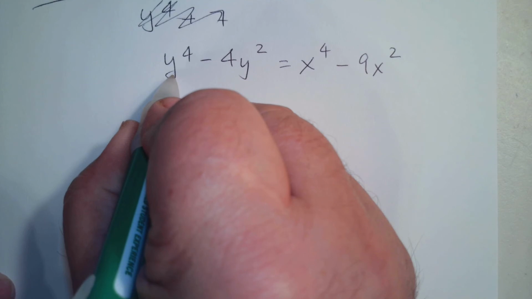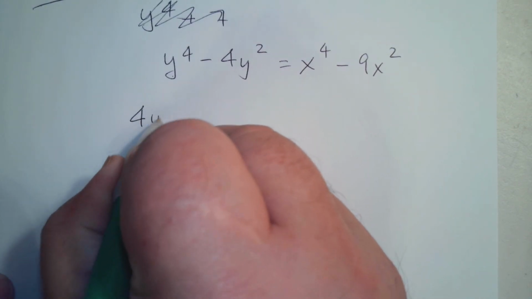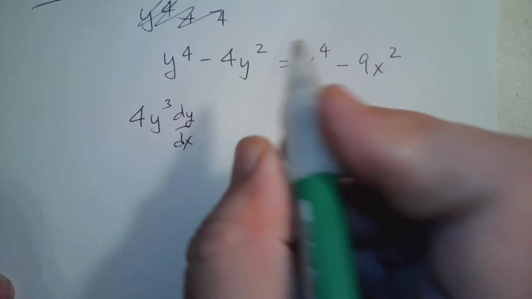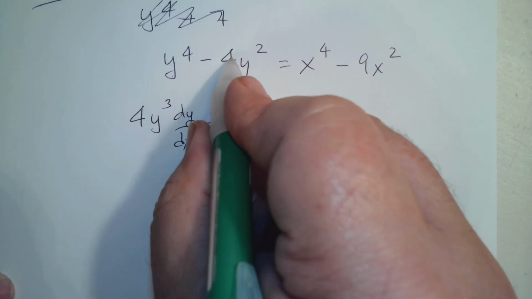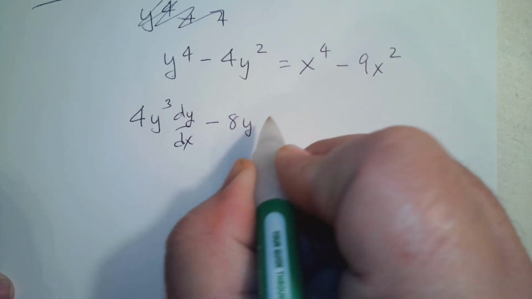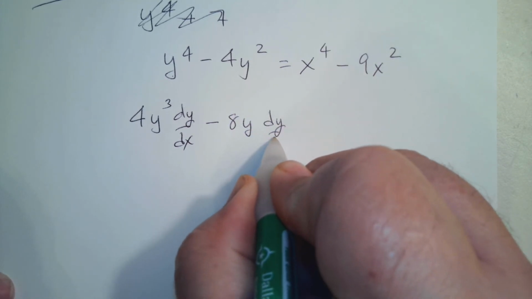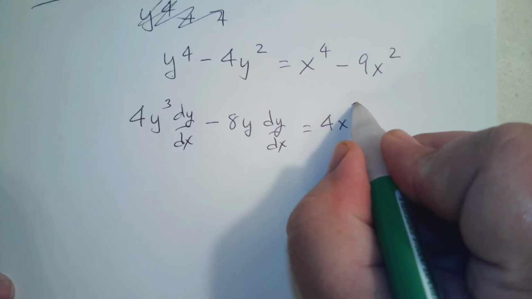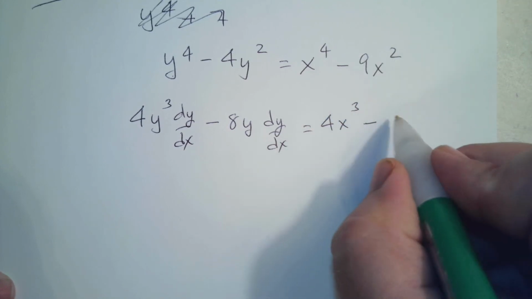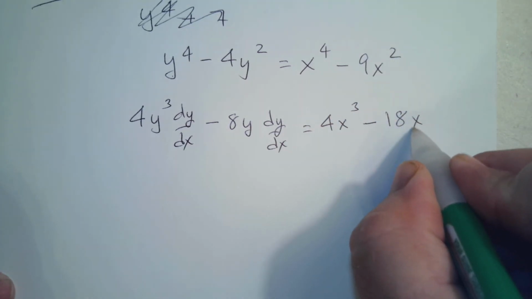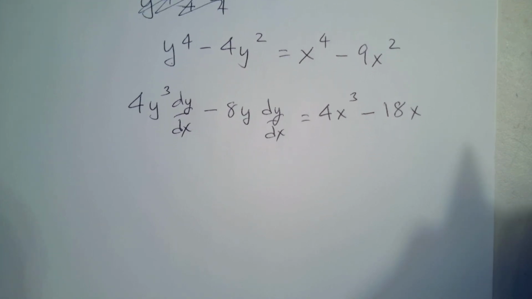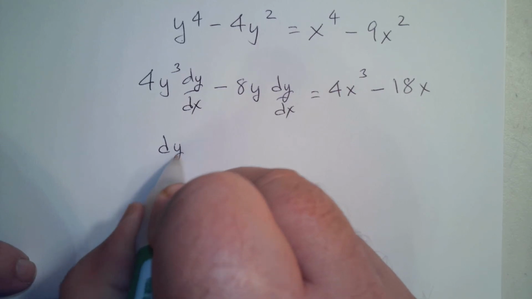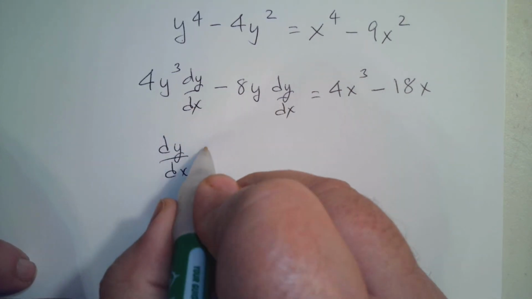So the derivative of this one is 4y to the 3rd dy/dx. Bring the 2 down. 4 times 2 is 8, y dy/dx. 4x cubed. Bring the 2 down. 9 times 2 is 18, x. Since they're both there, I have to factor them out.